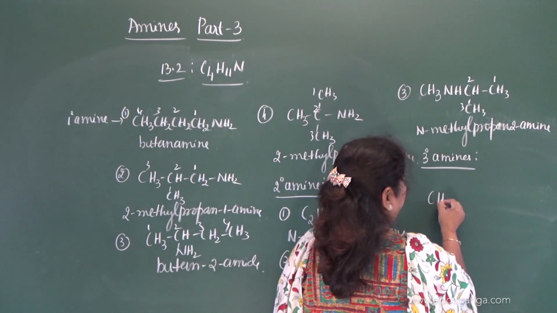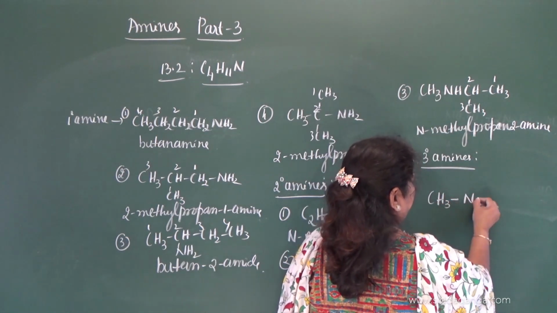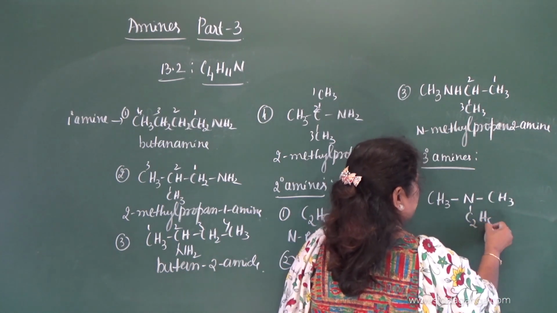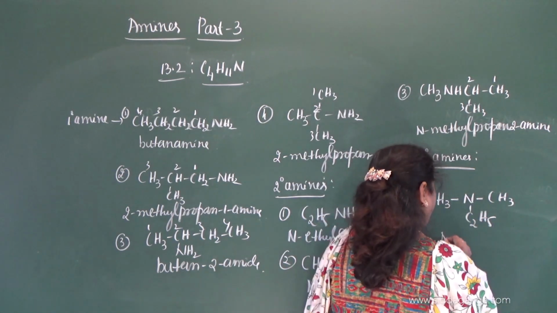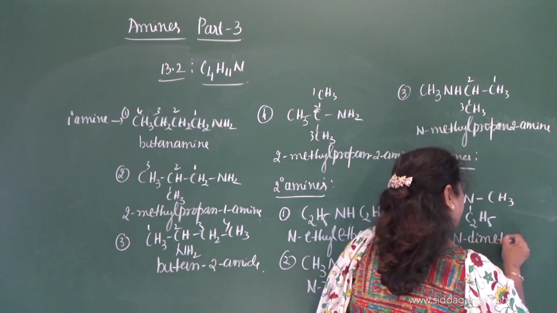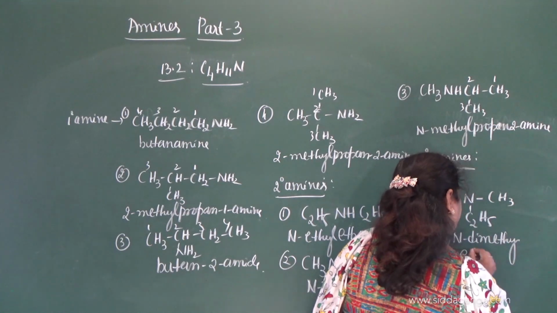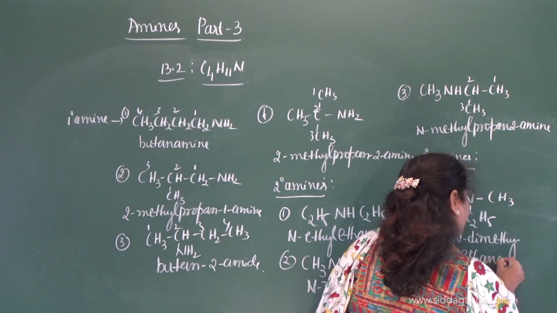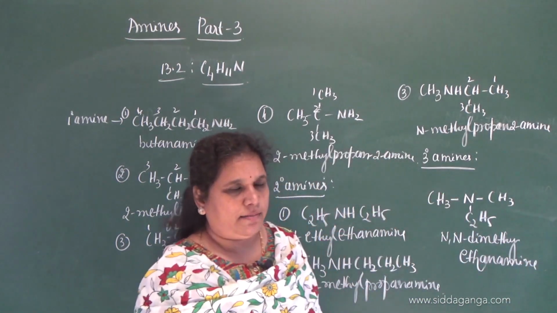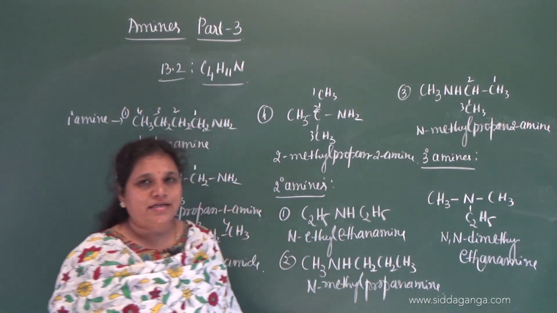Tertiary amine, CH3, N, CH3, C2H5. You can name it as N,N-dimethyl ethanamine. So this is about the tertiary amine.